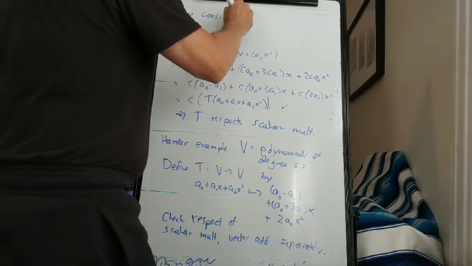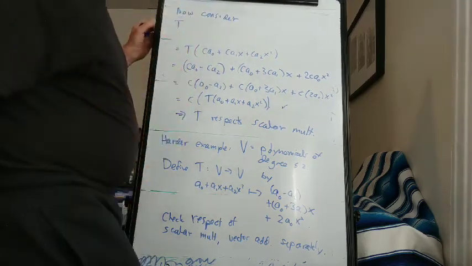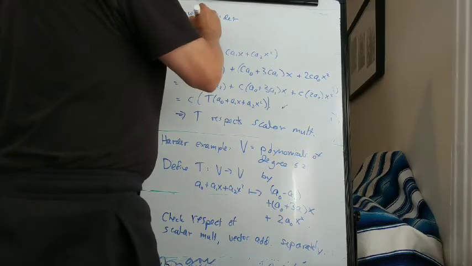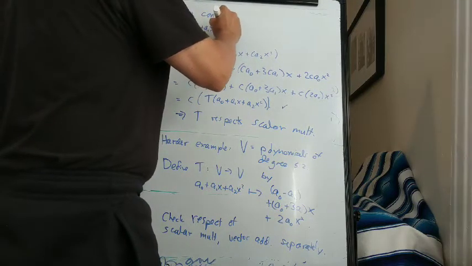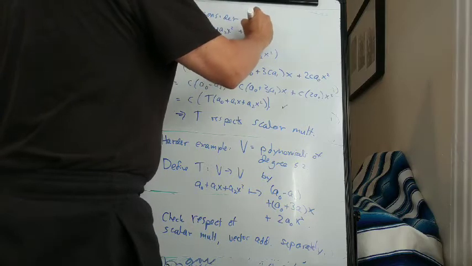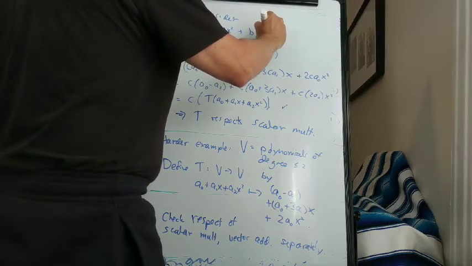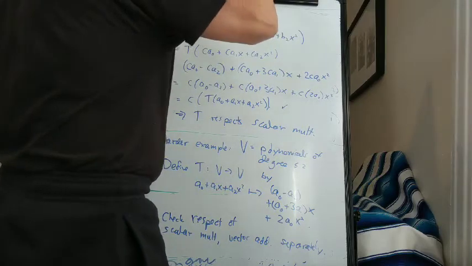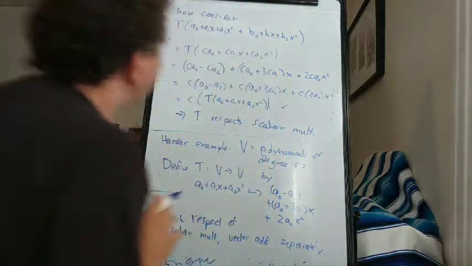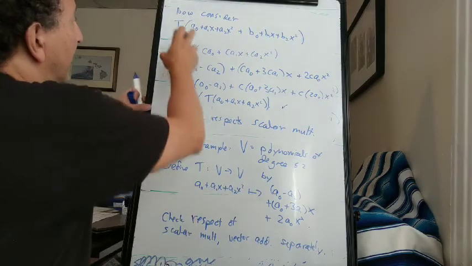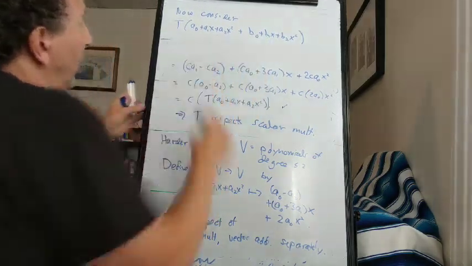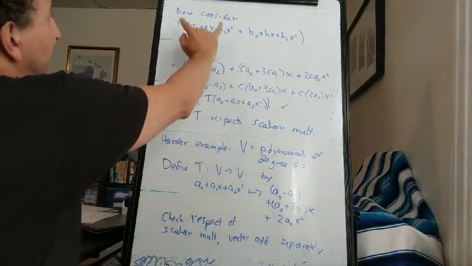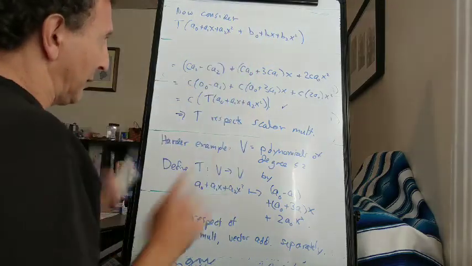So now let's consider T of a naught plus a1x plus a2x squared plus, say, b naught plus b1x plus b2x squared. Hopefully this is going to be equal to T of the first polynomial plus T of the second one, but we'll see.